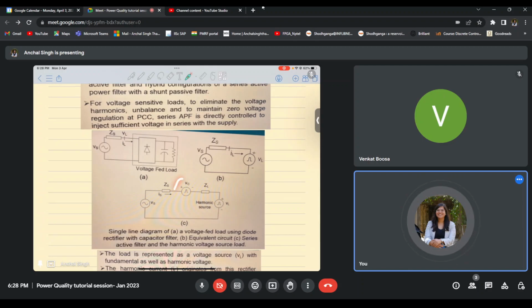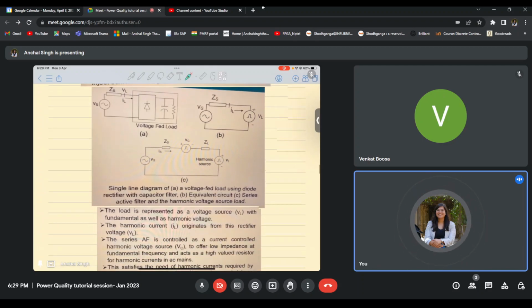So in order to obtain that, we need to connect something in series. This something is called an active series filter. And what exact value of this compensator voltage are we going to present in our circuit? That depends on our application, what we are targeting right now.